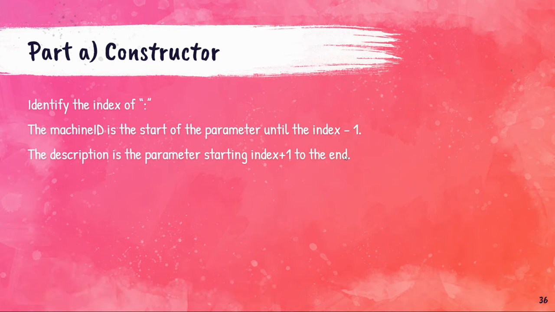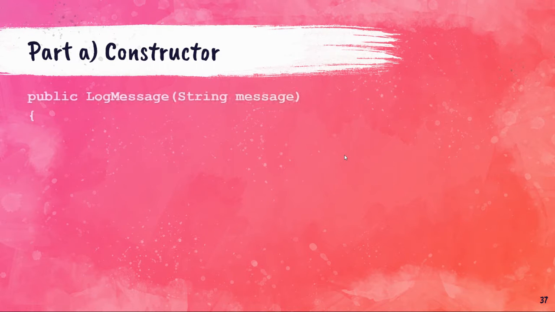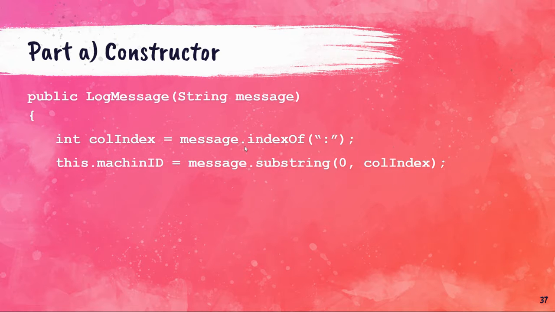So here's my solution. Here's my log message. Again, notice that it does not have a void. It's a constructor, so there's no return type. I'm first identifying where that colon is inside message. And here's the first part. So the machine ID is set starting at 0. And then I said, oh, it's got to go to minus 1.